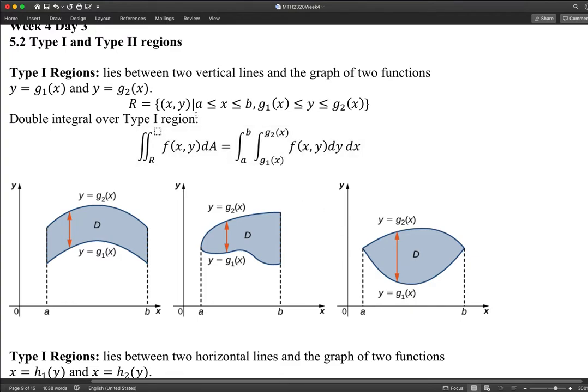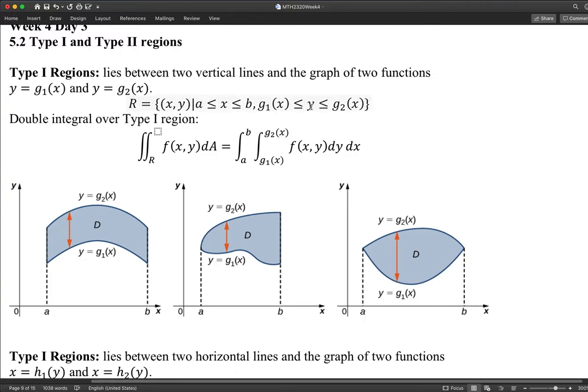So in general, a type 1 region can be written as x running from a to b. This really means the entire region is bounded by two vertical lines. And the second part of the inequality, y is bounded by g1 and g2. g1 is a curve at the bottom, and g2 is the one on the top.